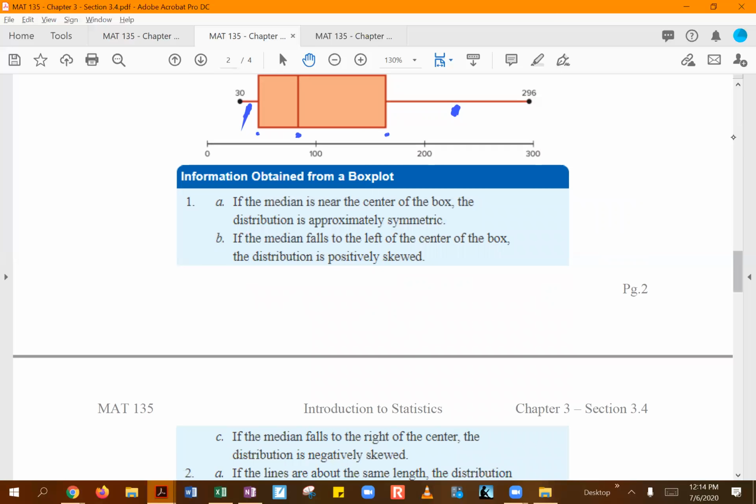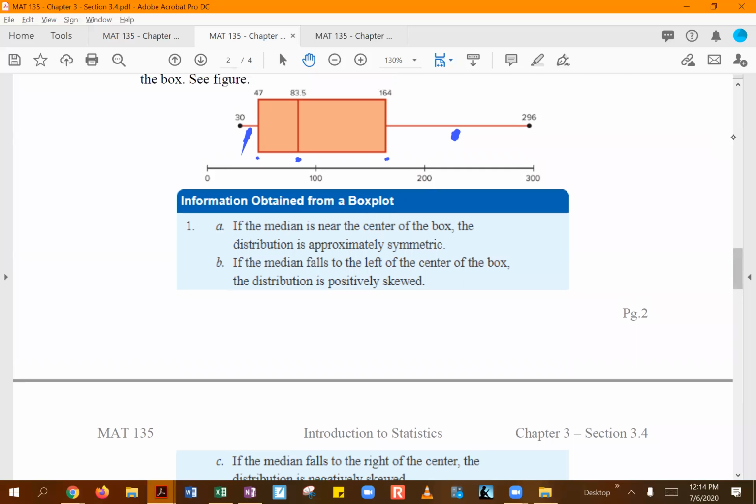So basically, what does the box plot then tell us? Of course, you can see the median from that center line in the box. So they're saying if the median is near the center of the box, the distribution is going to be approximately symmetric, which is not the case in our example.